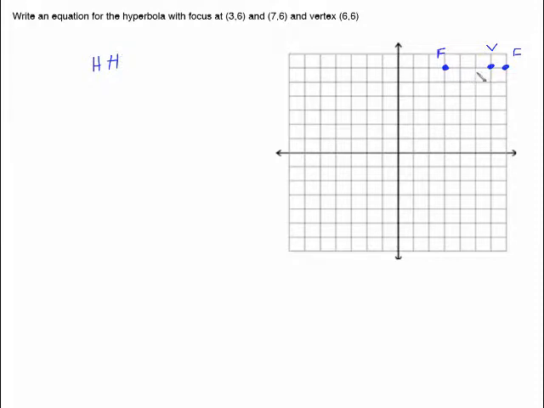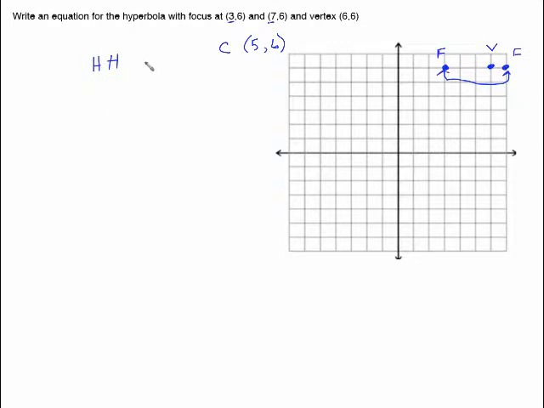Also, I know that my center has to be halfway between these two foci. So we can look at the graph and count, or we can do the midpoint between 3 and 7, which would be 3 plus 7 is 10, divided by 2 is 5, of course, comma 6, and that is my center.